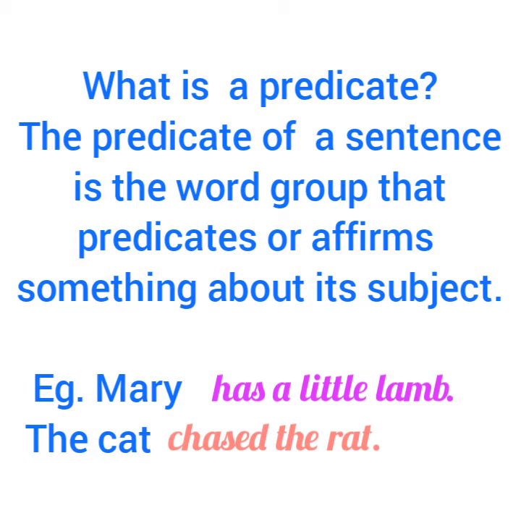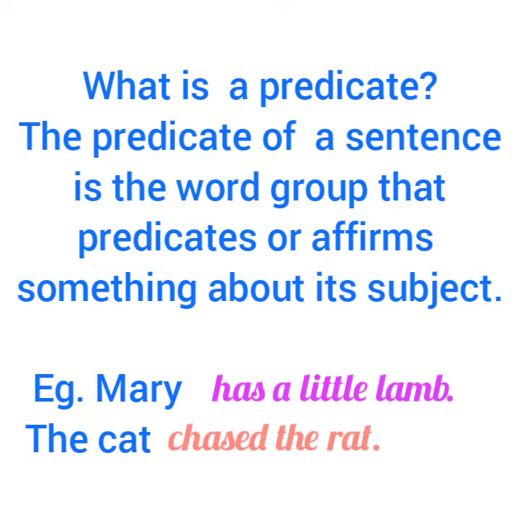Now let us see what is a predicate. The predicate of a sentence is the word group that predicates or affirms something about its subjects. We can also say that a predicate tells us something about the subject. Examples: Mary has a little lamb. In this sentence, the subject is Mary.